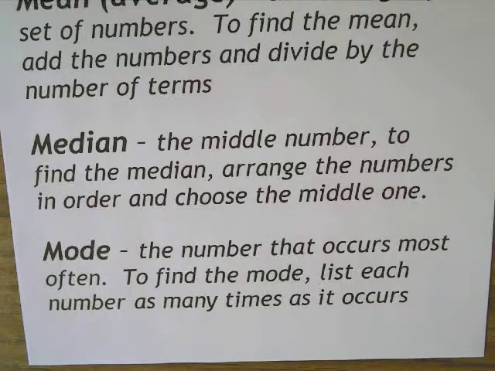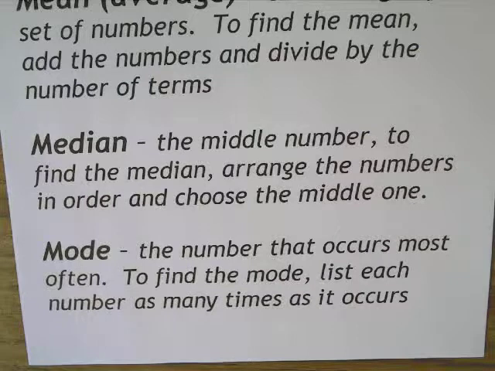Median is plain and simple the number that falls in the middle. To find the median, you will arrange the numbers from lowest to highest, and whichever one is directly in the middle is the median. Sometimes, like our class has 12, so there's not going to be a single number that falls in the middle because it's even.